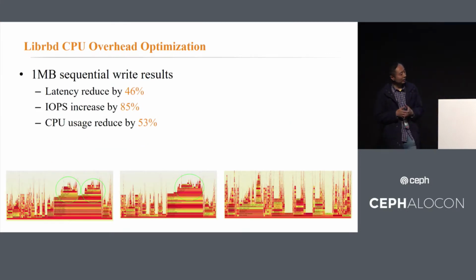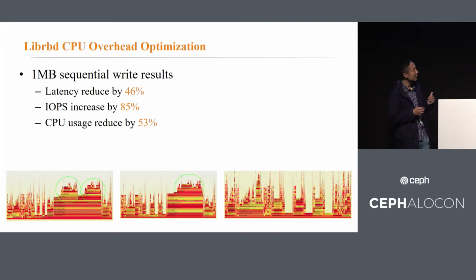Okay, this slide shows the overall results. For the 1 megabyte sequential write test with the above two optimizations, the latency reduced by 46%, IOPS increased by 85%, and the CPU usage reduced by 53%.